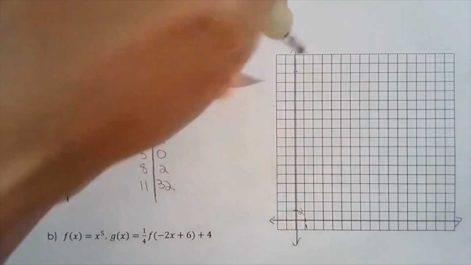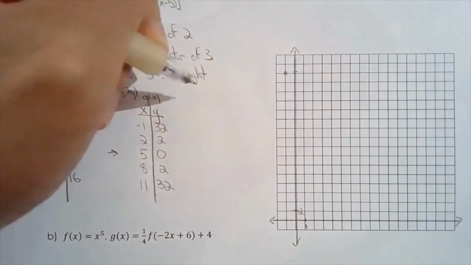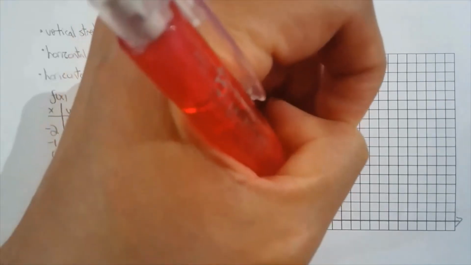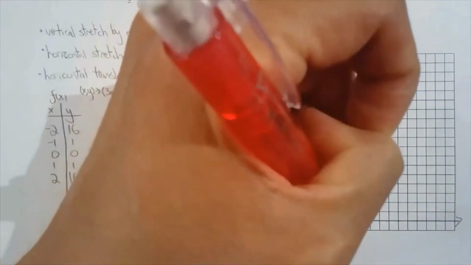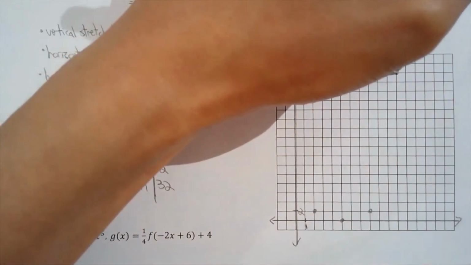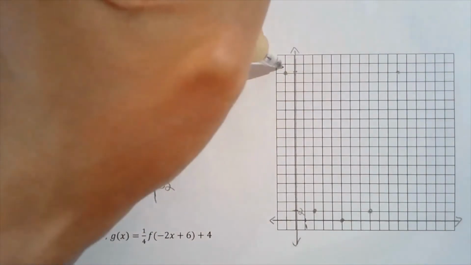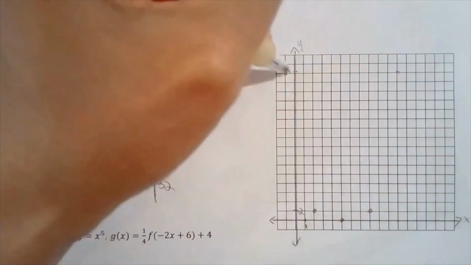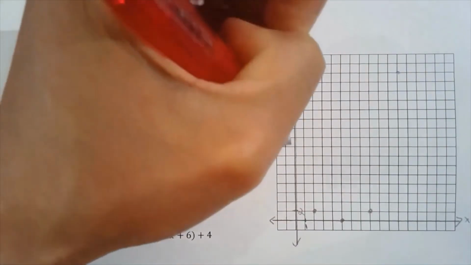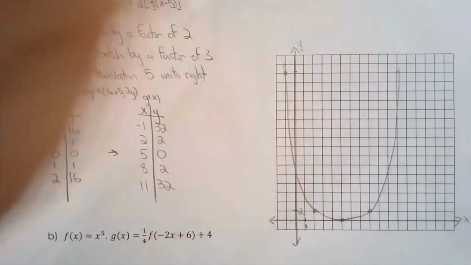So, -1, 32. Beautiful. 2, 2. 5, 0. And then based on the symmetry, that must be the case. Beautiful. And do I see line symmetry about the, ooh, that was not good.